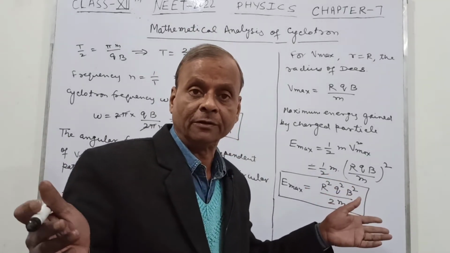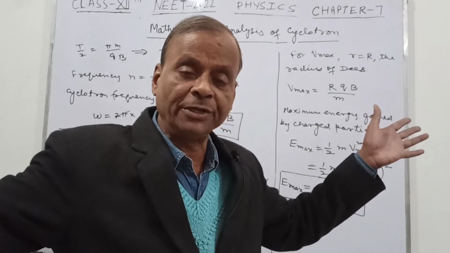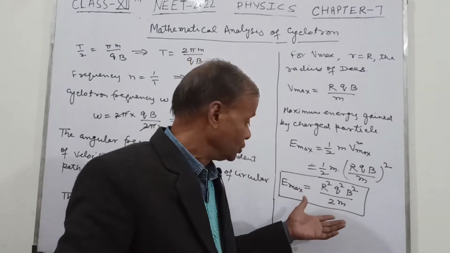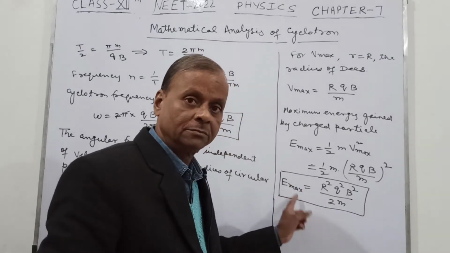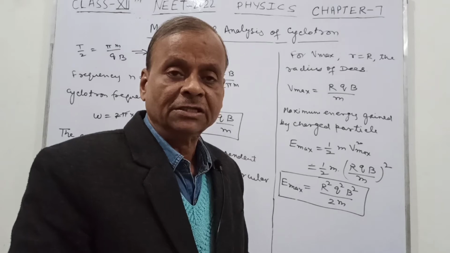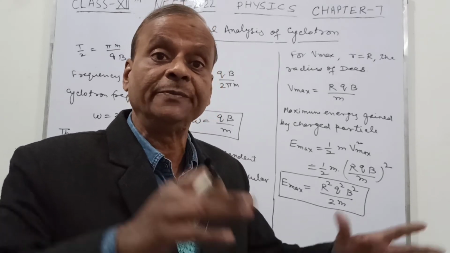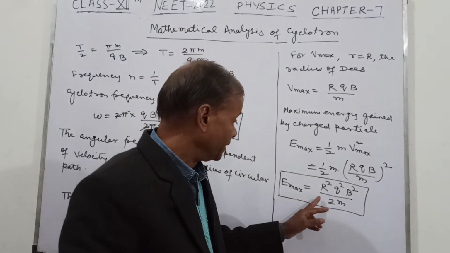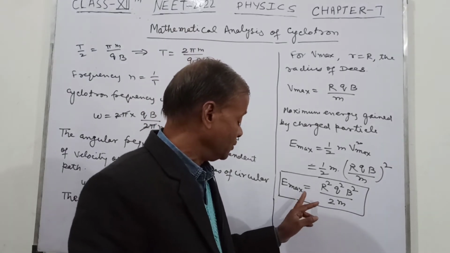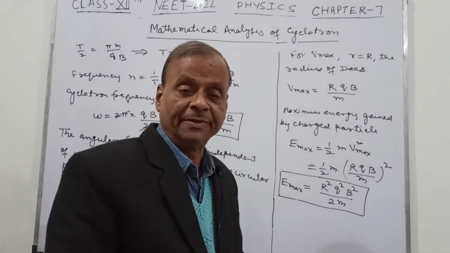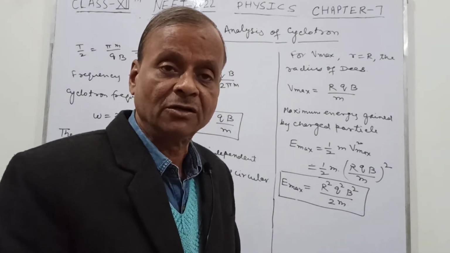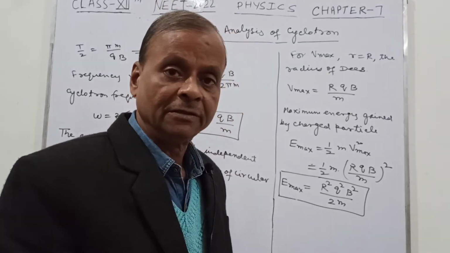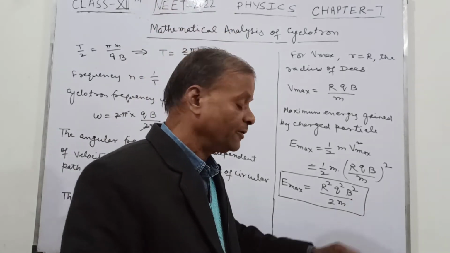B, the magnetic field, a very strong magnetic field should be applied perpendicular to the plane of the D's, so that this is maximum. This makes the machine a very large one. So the maximum energy depends upon the radius of the D's, the charge q, and the magnetic field B.